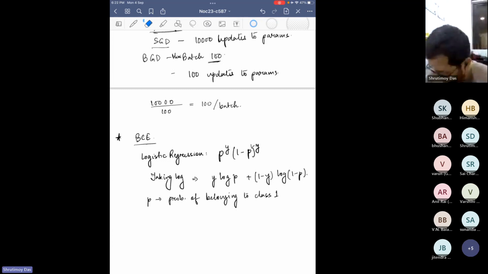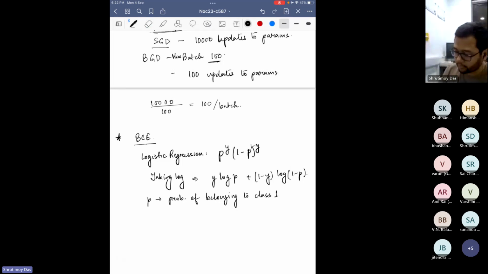P is the probability of belonging to class 1, and 1 minus p is the probability of belonging to class 0. Whenever your y is 1 and p is the probability, your probability of belonging to class 1 will be log p. Otherwise, your probability of belonging to class 0 will be this probability.